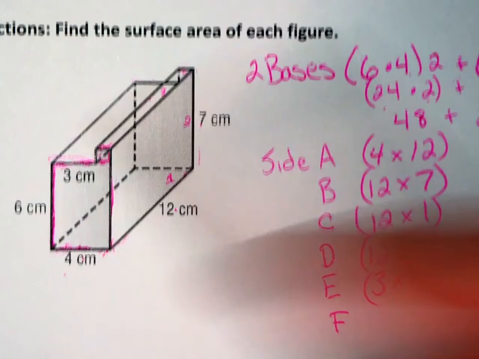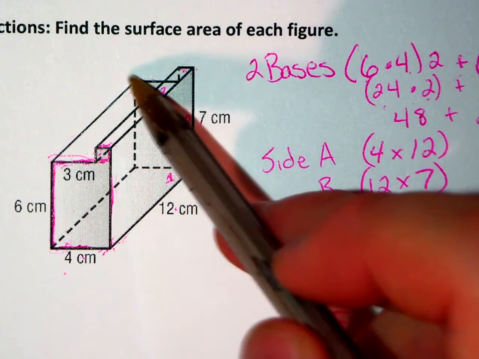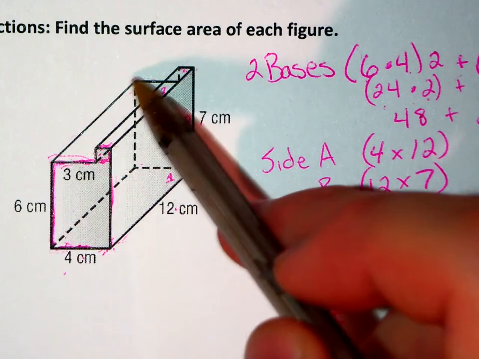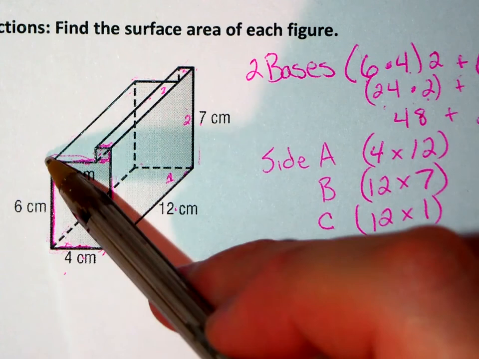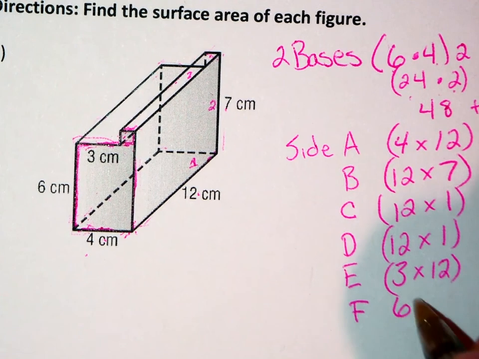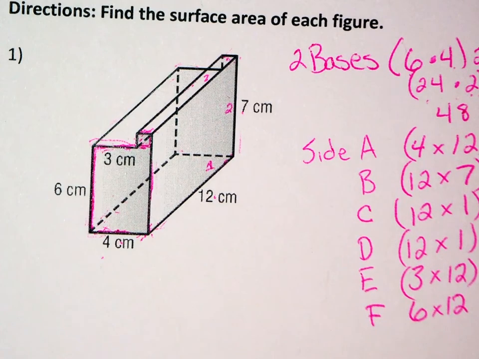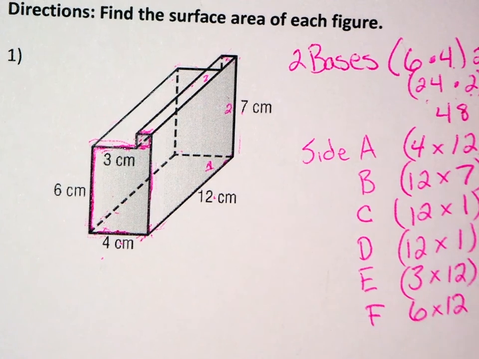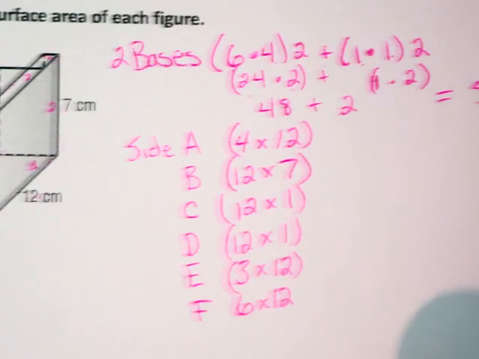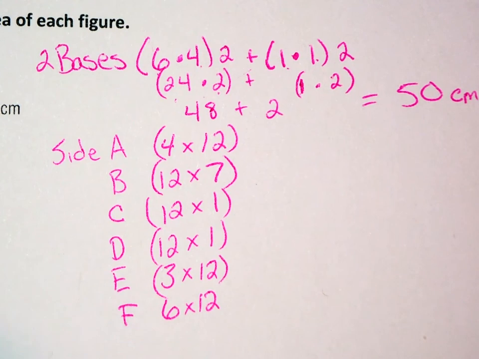And then the back side of this shape that we can't see on the 3-dimensional section would be 6 high times 12 long. And that would bring us back to the bottom if we were working our way around this shape. So we know that we have all of the dimensions necessary. So now I no longer need the image. I can simply do the calculations.